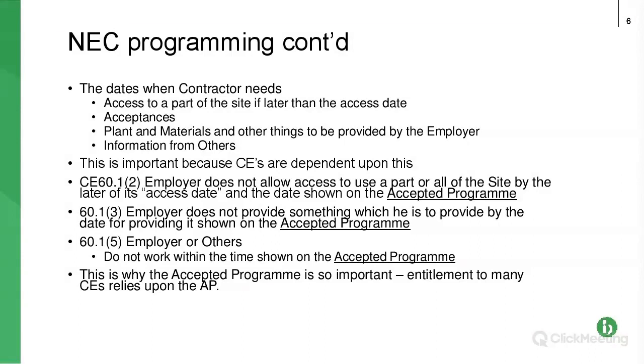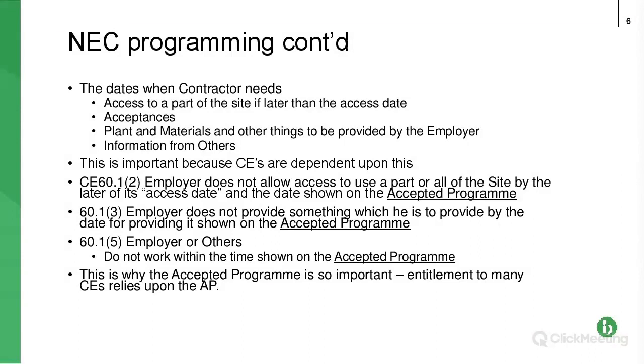So this is probably, from my perspective, the key slide with regard to programming. Unlike JCT, NEC, as we know, is quite prescriptive, and quite a lot of the compensation events that contractors are entitled to are related to the programme. So you can see them at the bottom, 4 compensation events.